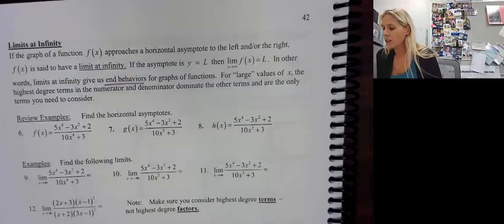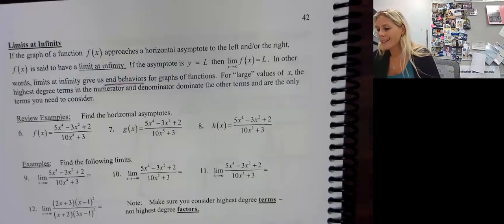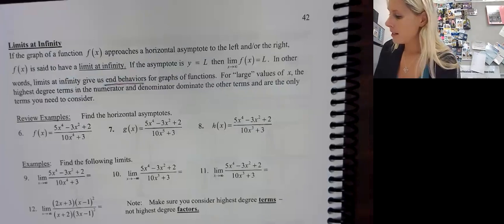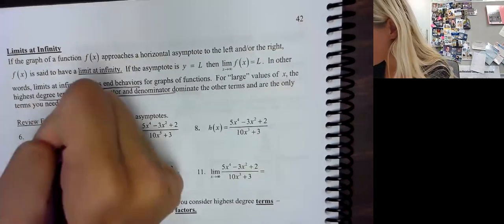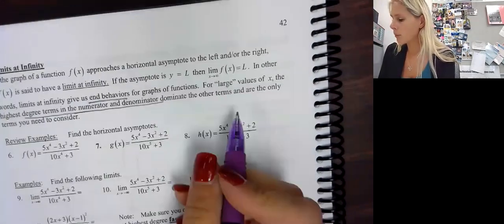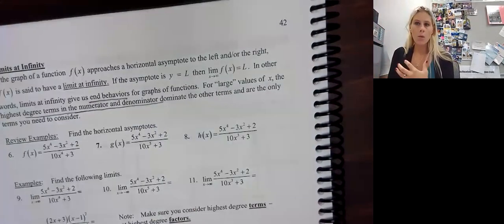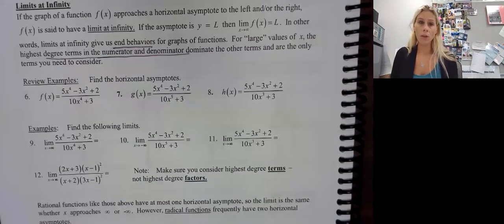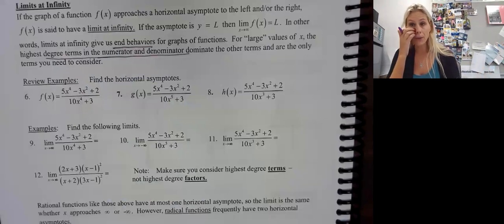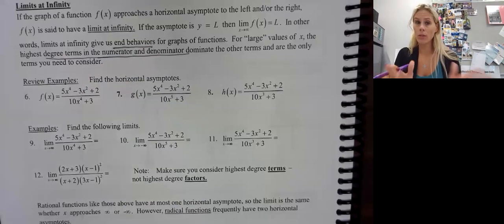So for large values of x, look at the highest degree term in the numerator and denominator. If we look at the highest degree in the numerator and the denominator, that helps us determine where our horizontal asymptote is. So let's do some review. Horizontal asymptotes are things that we've done in secondary 2 and 3, mostly secondary 3, okay?